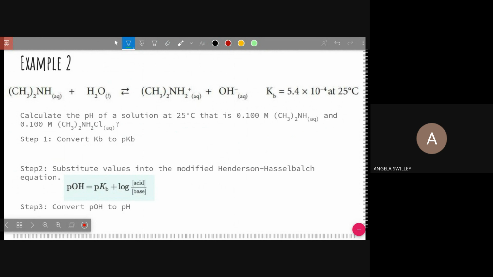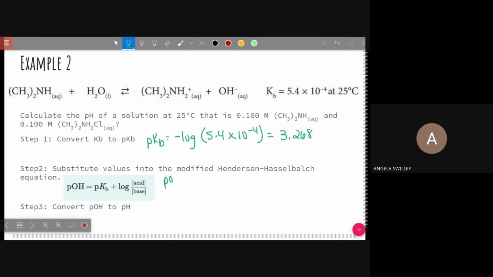So we need to find our pKb. To do that, we're going to take the negative log of our Kb. And it tells you it's at 25 degrees Celsius, which most of them are going to be. So when you do that, you're going to get a pKb of 3.268.